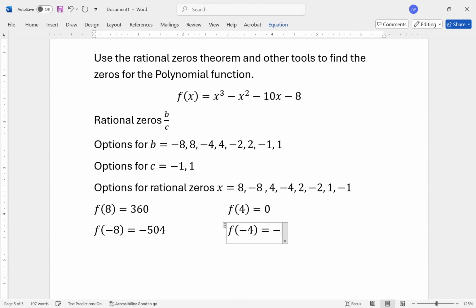If I plug in a negative 4, I get a negative 48. What would happen if I were to have plugged in a 2? Well, it turns out if I plug in a 2, I get a negative 24.